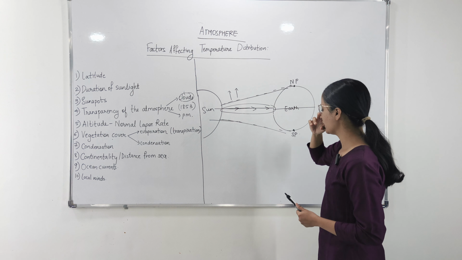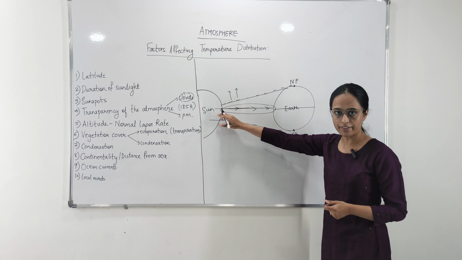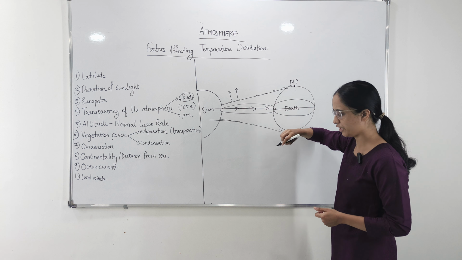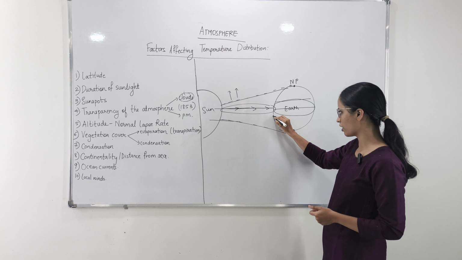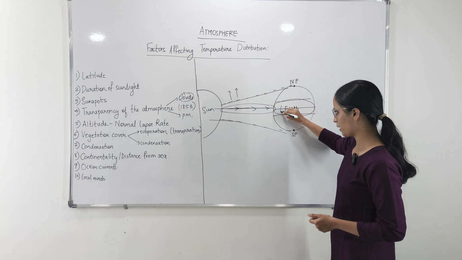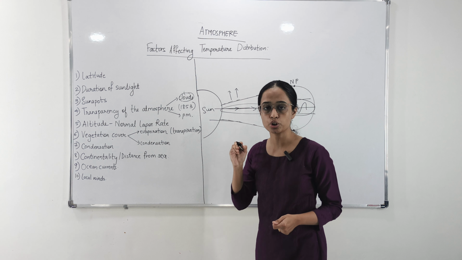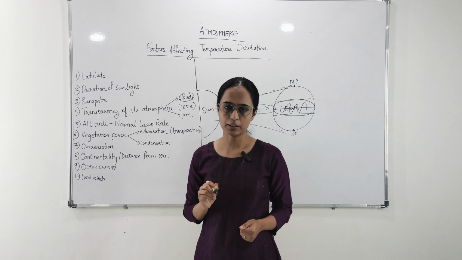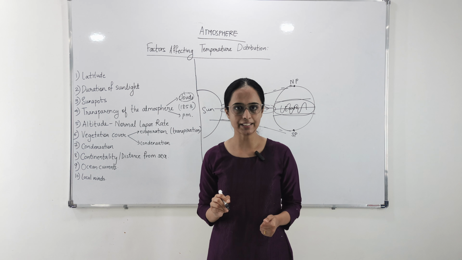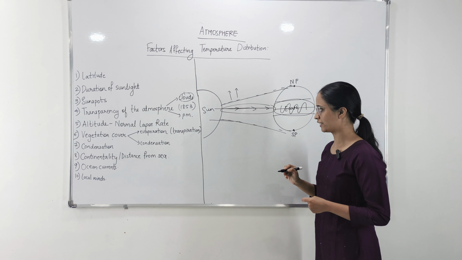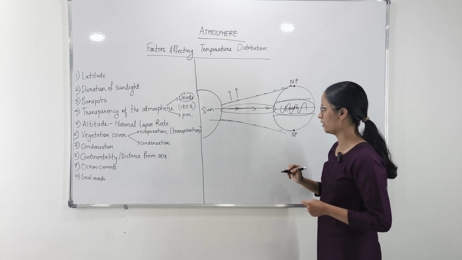And that is why we can say that the maximum solar insolation is being experienced by the equatorial region. Basically, the equatorial region between the Tropic of Cancer and the Tropic of Capricorn, the tropical region, the tropics, is where maximum solar insolation is experienced. And these are the places which receive the maximum amount of heat from the sun.